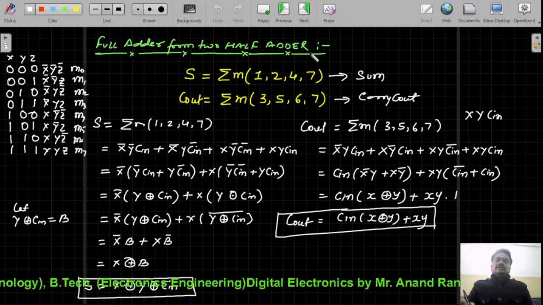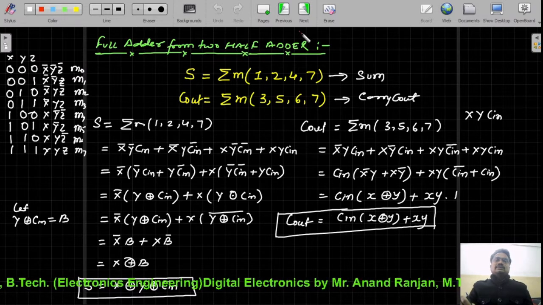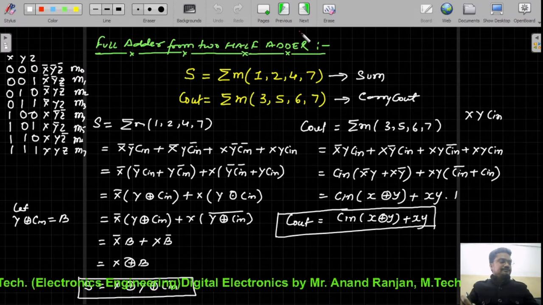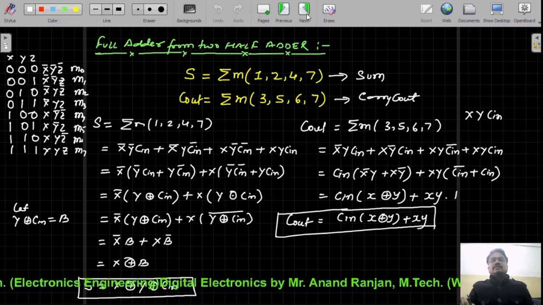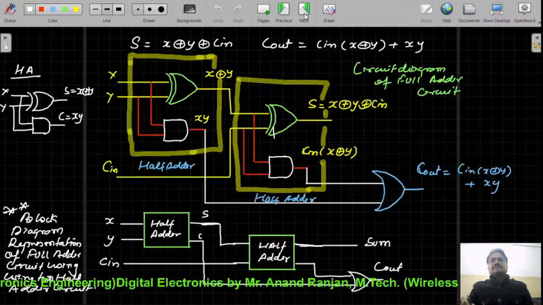The use of writing this expression is just to take help of some standard logic gates to implement this.